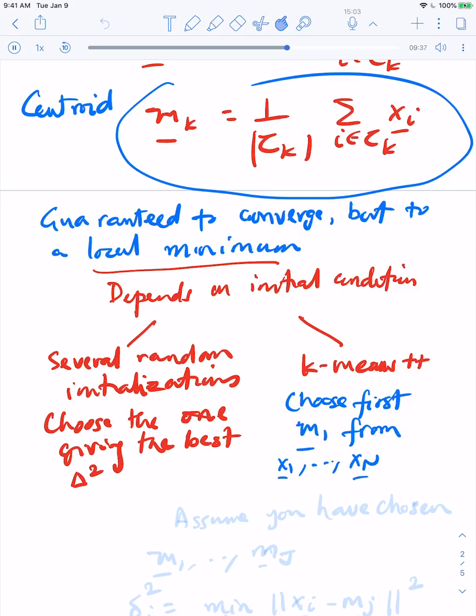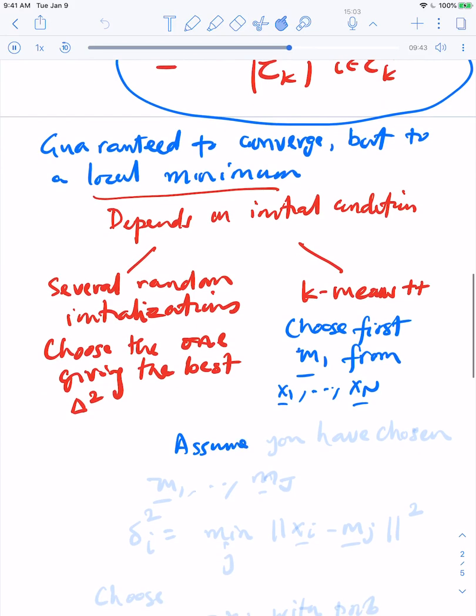But from that point on, assume you have chosen, let me just define it recursively, m1 through mj. Remember, this is just for the initialization that I'm talking about.